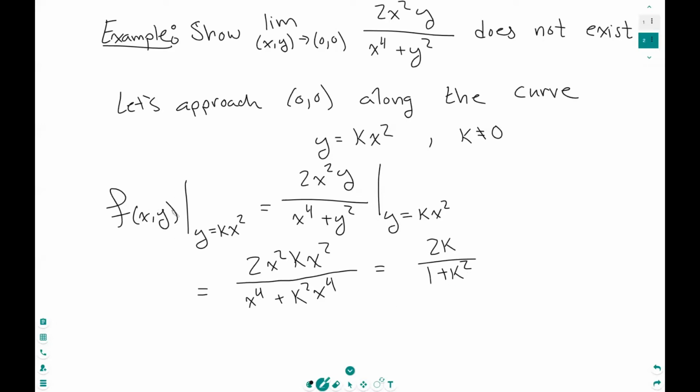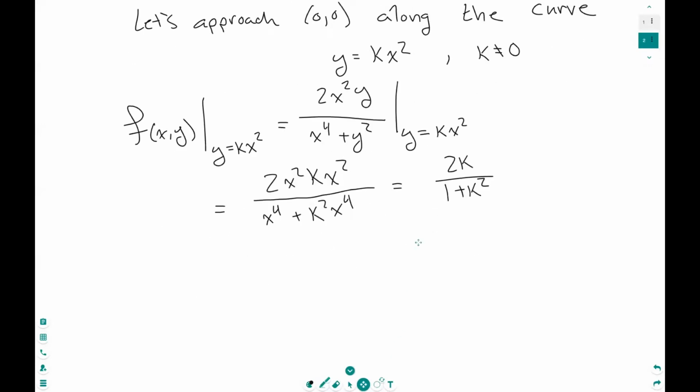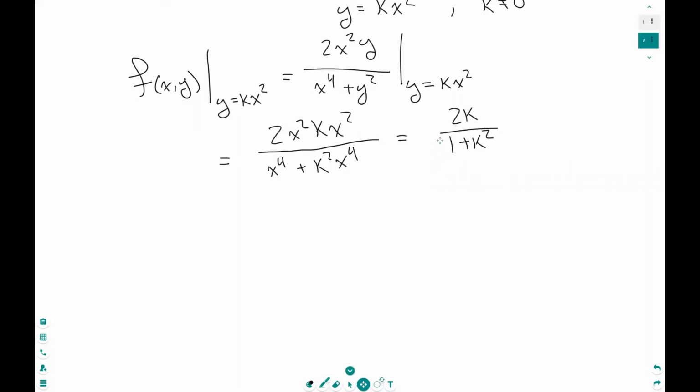Okay, so that's my function evaluated along this curve. The cool thing about it is that it's a constant with respect to x, right? So no matter what x and y I pick along this path, I'll always get this value.